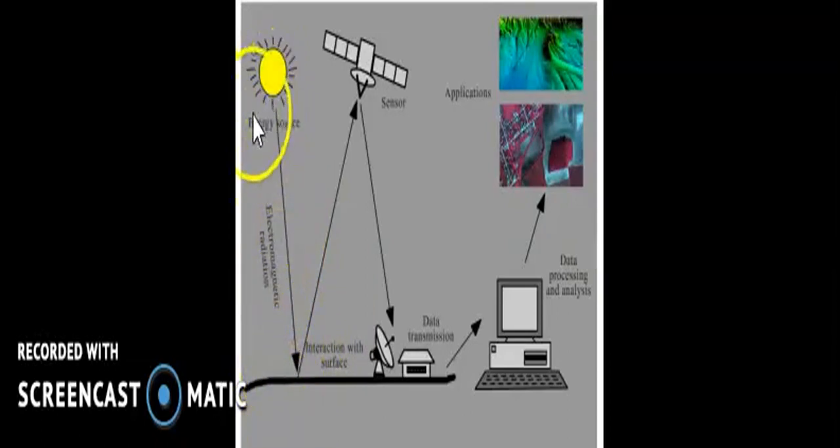Every part of this electromagnetic spectrum, every band, has a certain way to interact with the surface, and that is picked up by the sensors which are either airborne, ground-borne or space-borne, and then they send all that onto the ground station. At the ground station, what do you do? You start processing and analyzing. So what you all did in your experiment is data processing and analyzing.